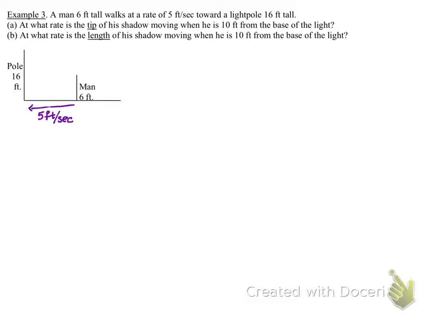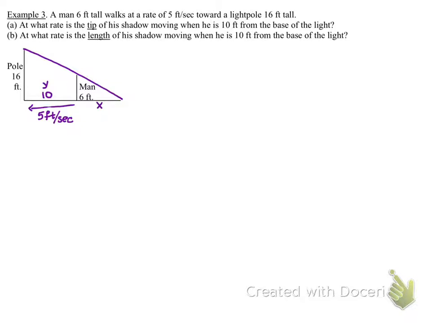See the conundrum? Part of what makes this mind-boggling is that the man is not always 10 feet from the pole. So that 10 is actually a variable.